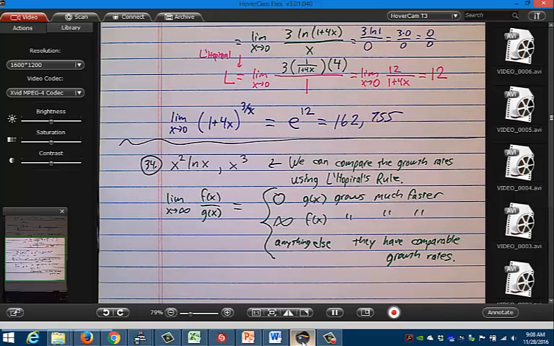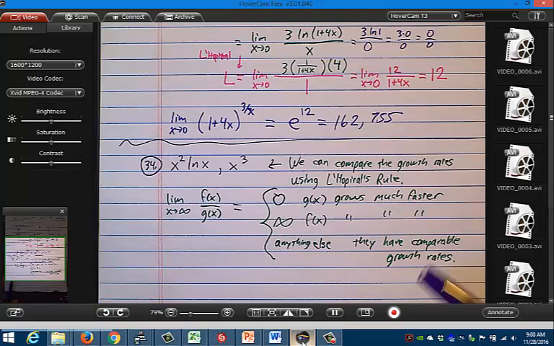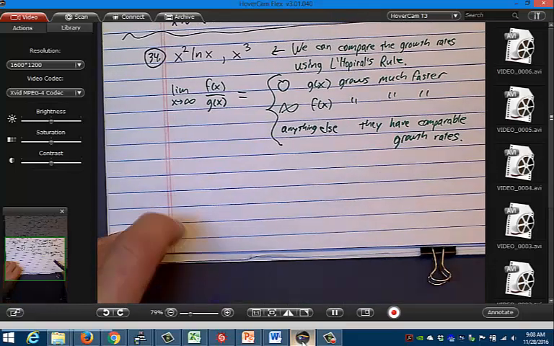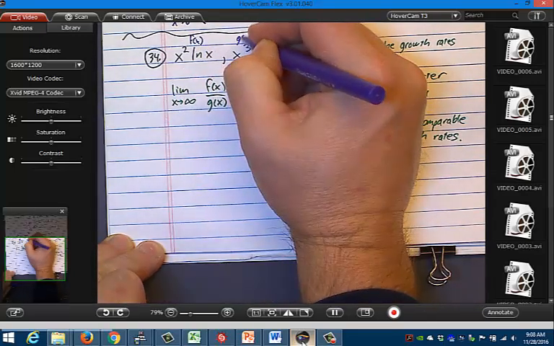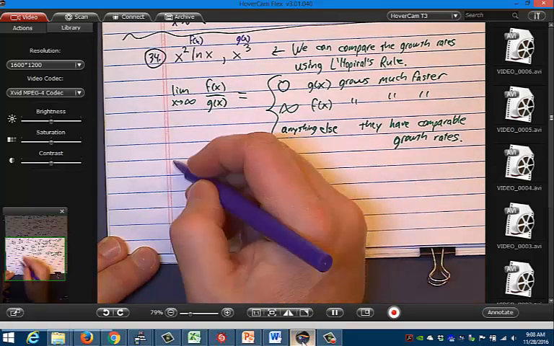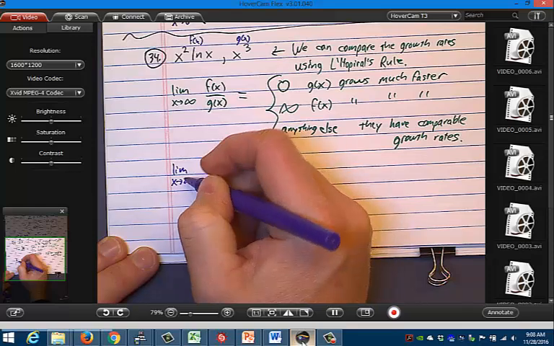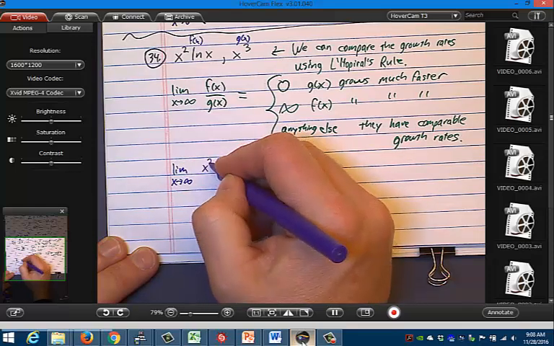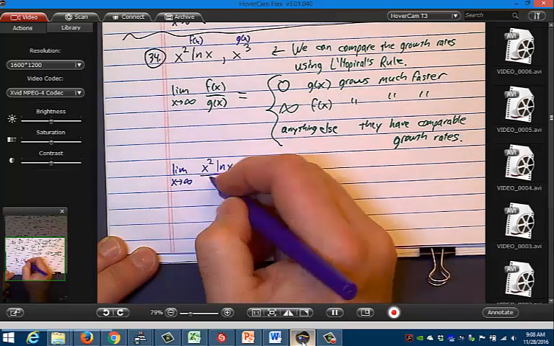So now I'm going to go ahead and try to do the problem here. Use this information, see what we come up with. This is what I decided to call f of x, and this is what I decided to call g of x. So I'm going to compute the limit as x approaches infinity of x squared ln x over x cubed.